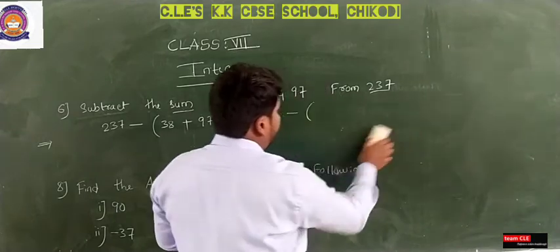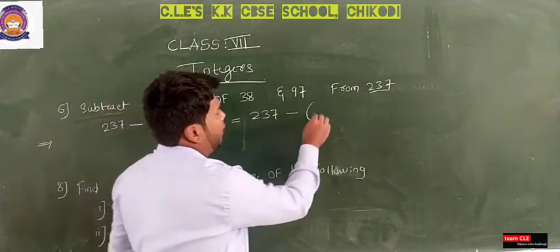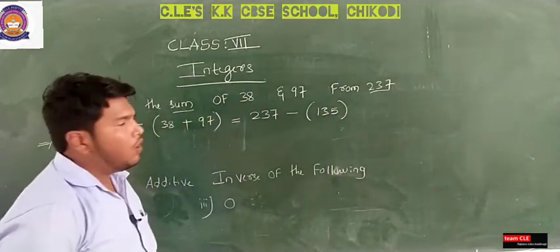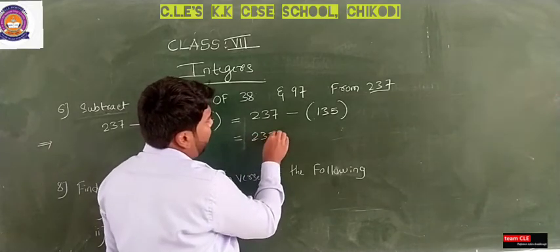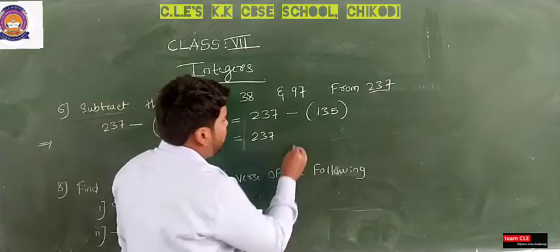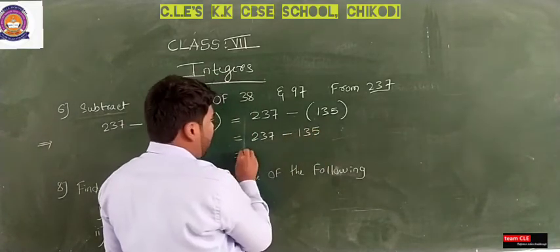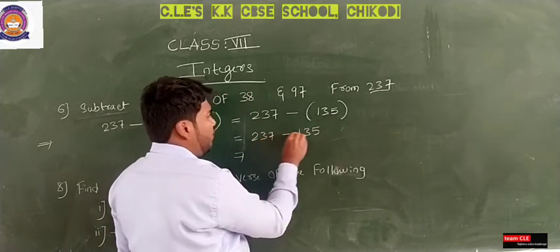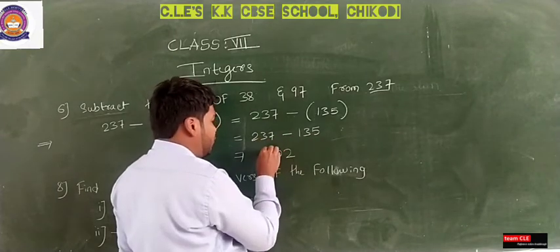Now see, 38 plus 97, I got as 135. So 237 minus the sum 135: minus into plus, we have minus, 135. Okay, now see, 7 minus 5 is equal to 2, 3 minus 3 is equal to 0, and 2 minus 1 is equal to 1.